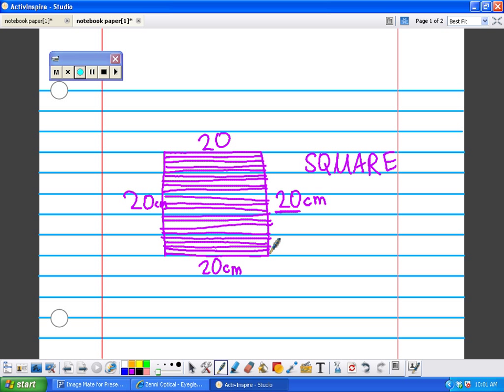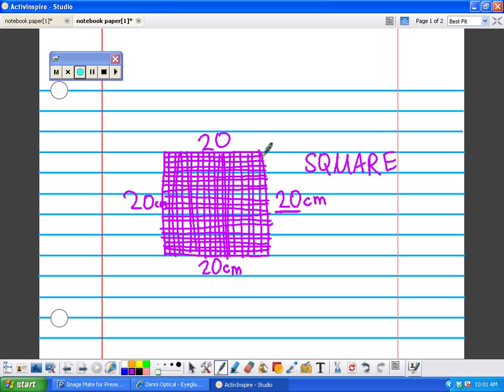Now I need 20 across, now I need 20 down. I think 1, 2, 3, 4, 5, 6, 7, 8. Okay, so now I have 20 up and down, 20 vertical, 20 horizontal.